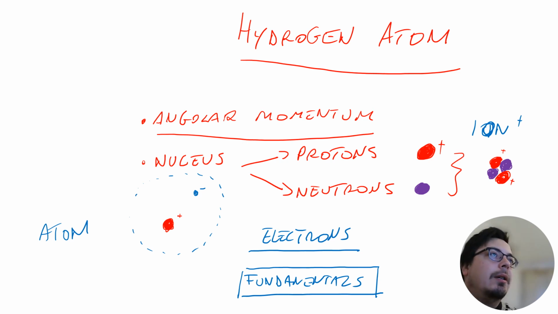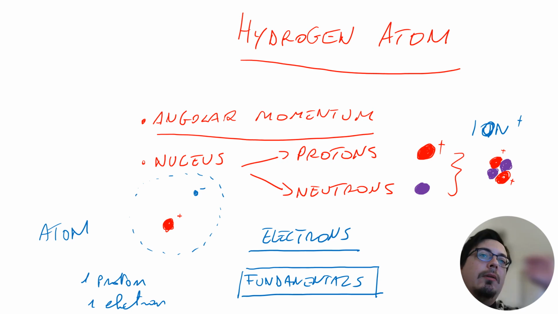This, by the way, is a hydrogen atom, one proton, one electron, and it's the easiest that I can do to describe the motion of the electrons. I won't describe the motion of the proton. I will keep the proton fixed, and then I will describe what happens to the electron around, hopefully, with the video. Okay, so enough as an introduction.